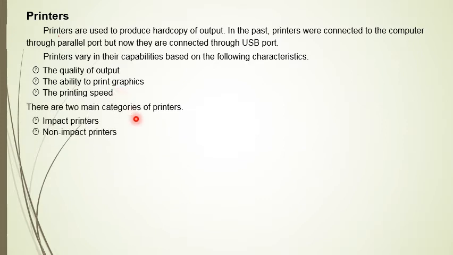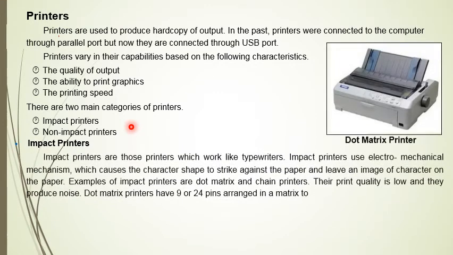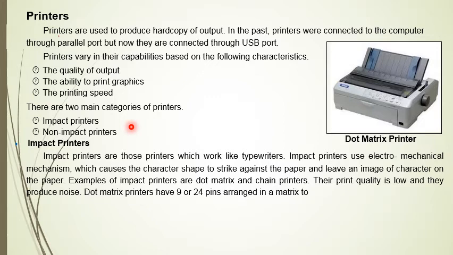There are two categories of printer. One is impact printer, another one is non-impact printer. So first of all, let's discuss the impact printers. Impact printers are those printers which work just like a typewriter. These are old printers.